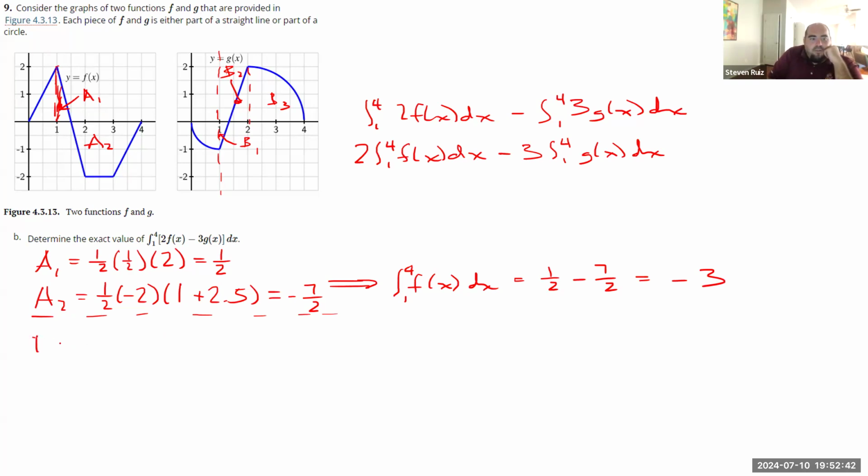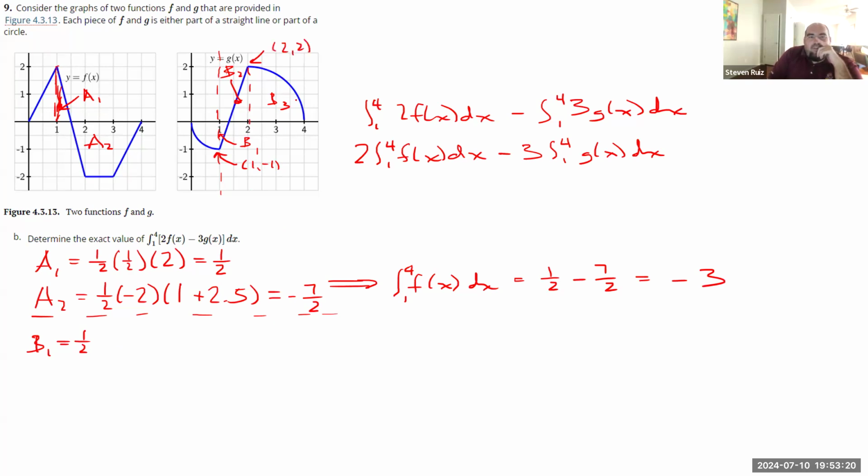So what is b1? b1 is a triangle. So I have to do a little more careful work to see where this crosses. So 1/2 times the base length, which is, what is it? So what is the slope of this line? It goes from 1, -1 to 2.